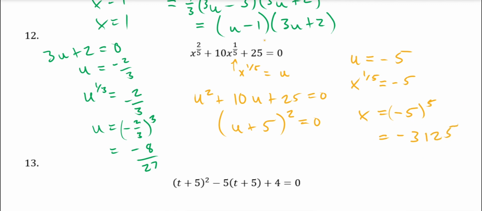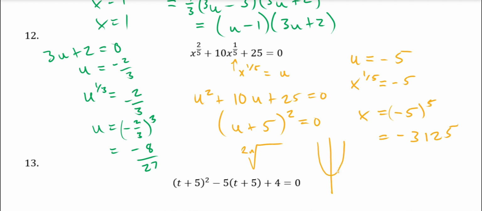I will say that we really only have to worry about even roots, that is to say, roots with an even index. For example, a substitution that would have u be equal to a square root or a fourth root will cause that problem. Functions which are not 1-to-1, like for example x to the 4th or x squared, have inverses that are in general not functions. They are in fact multi-valued maps.